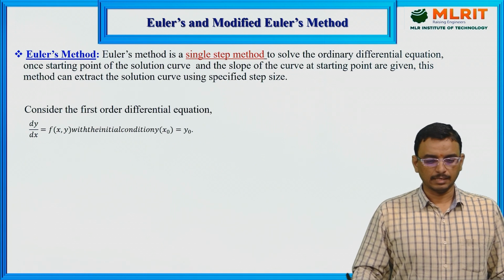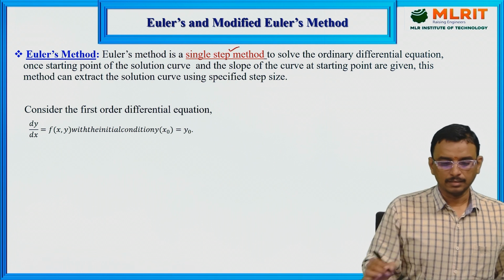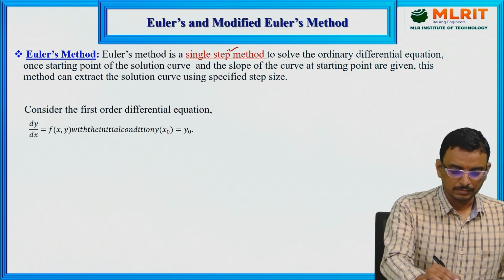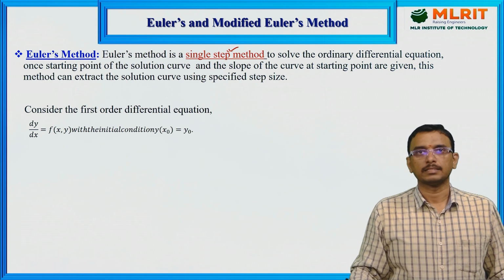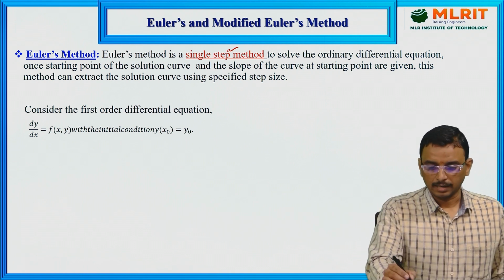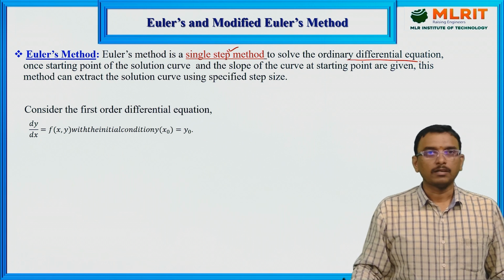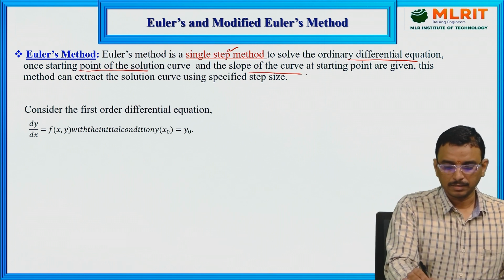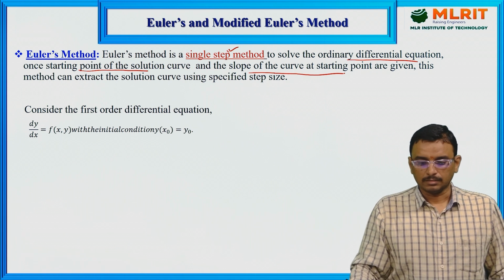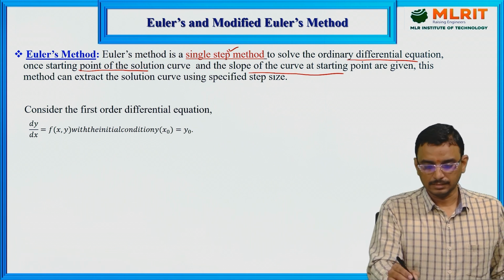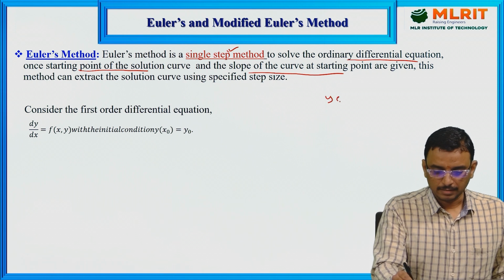Euler's method is a single step method. It is used to solve ordinary differential equations, where the starting point of the solution curve and the slope of the curve at the starting point are given. The starting point of the solution curve is y of x naught equal to y naught.